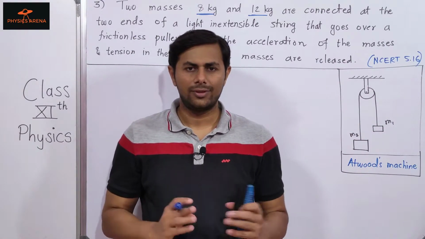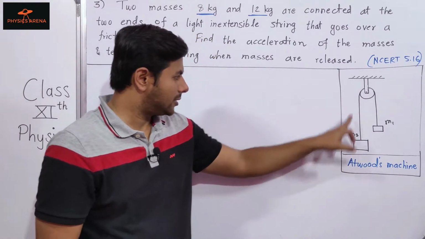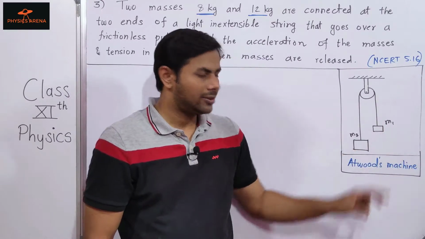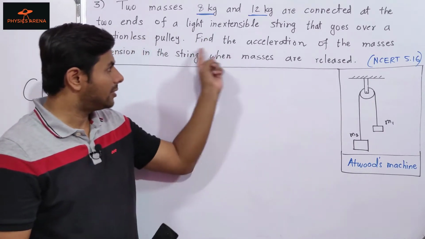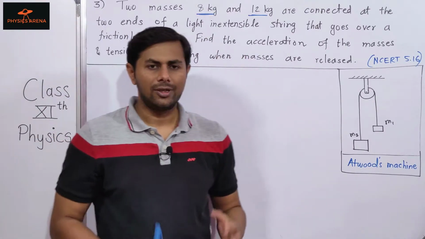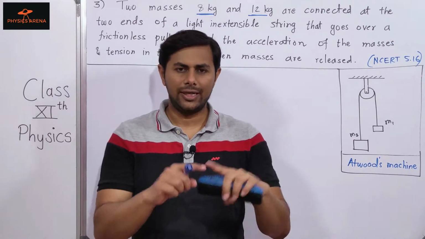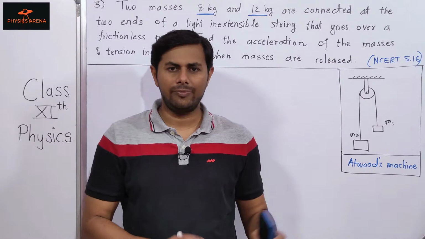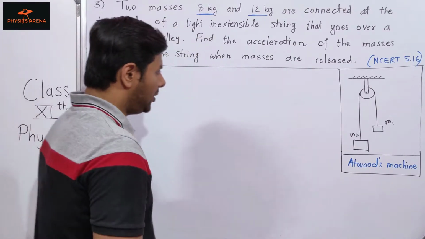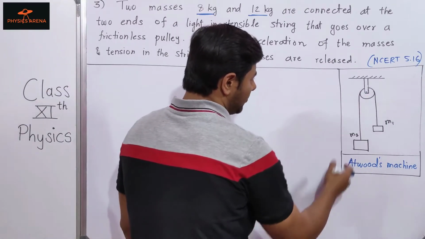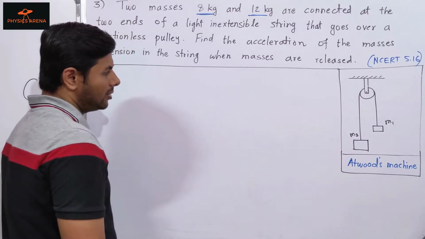So first thing that we are going to consider is the string is light. That means we are going to neglect the mass of the string, and it is given that the string is inextensible, so the length of the string remains fixed. So that means tension in the string remains the same everywhere in each and every part of the string. Then we have to consider one direction of acceleration, and m2 is greater than m1.